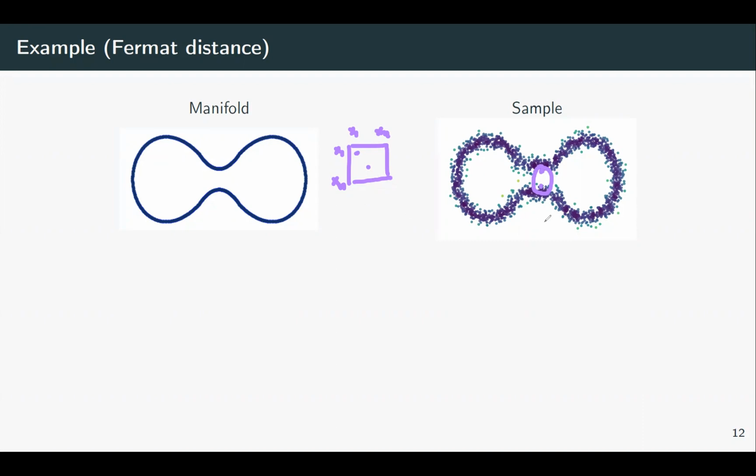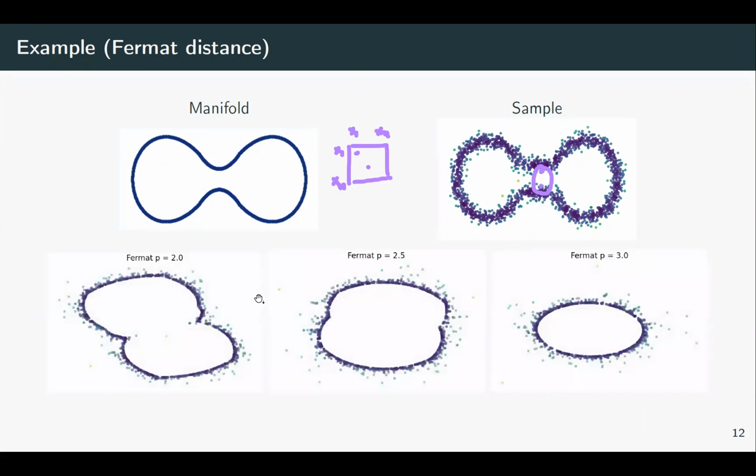Now, what you want to do is to project, a function that sends each point in the original point cloud to a new point in this projection in such a way that the Euclidean distance between points in this projection will reflect the original Fermat distance that you compute over the sample.